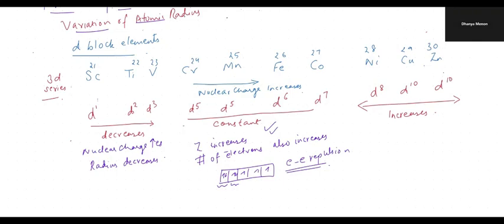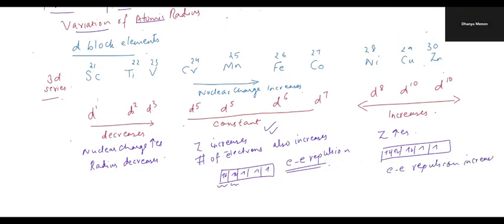In the next set of elements, the nuclear charge increases, yes, but the number of electrons also increases in large numbers. So as the number of electrons increases, what's happening to the electron-electron repulsion? It also increases a lot.